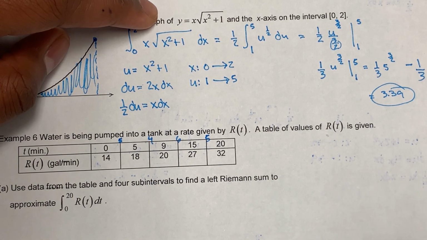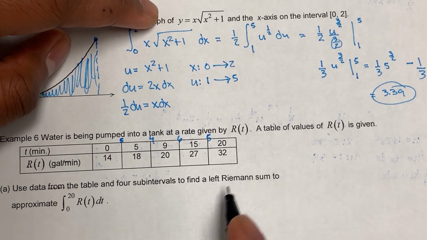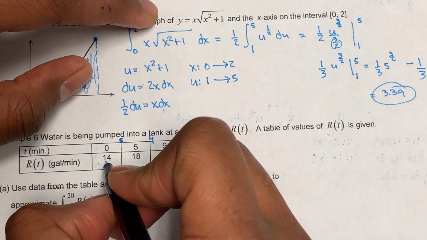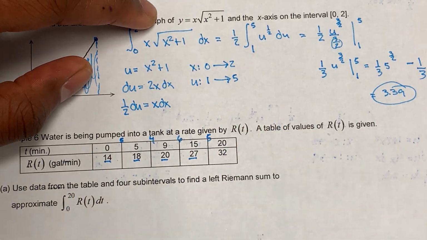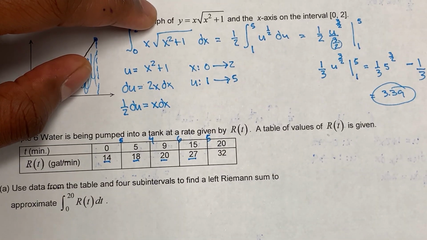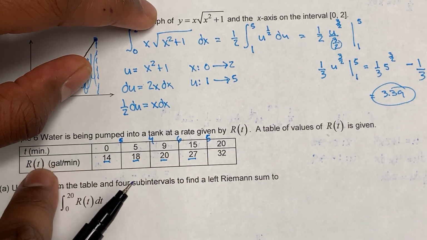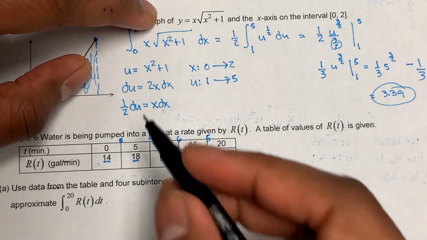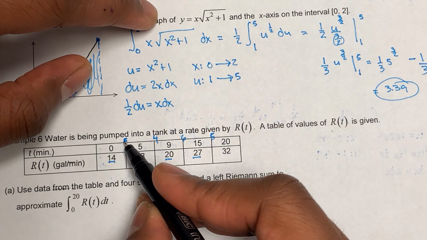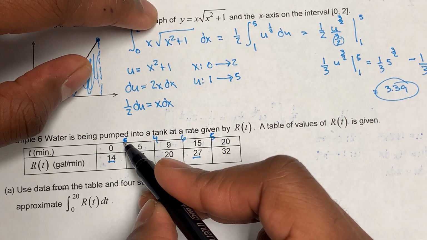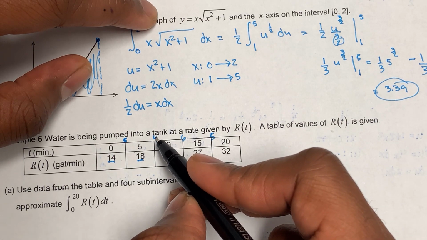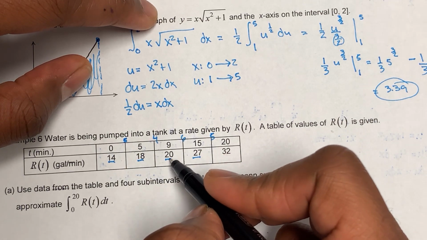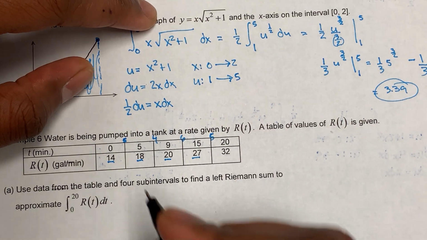Left Riemann sum means use the 4 left y values, and we just match up the interval with its y value. So we're going to have 5 times 14, 4 times 18, 6 times 20, and 5 times 27.